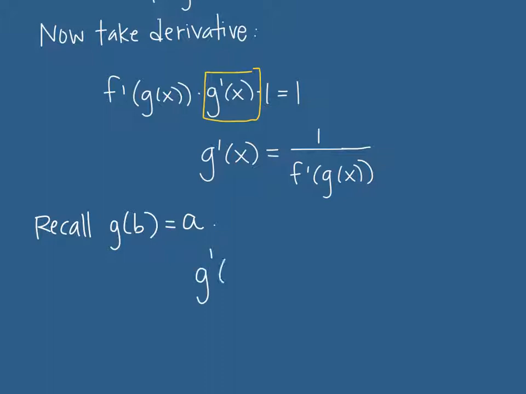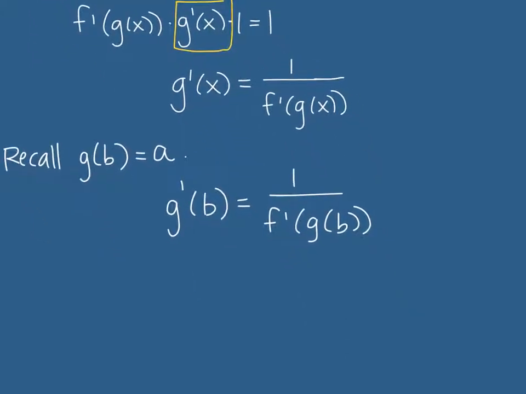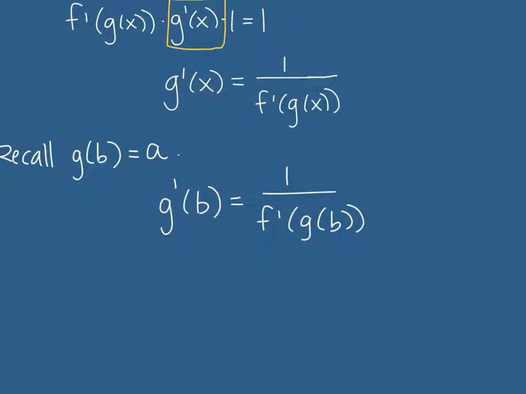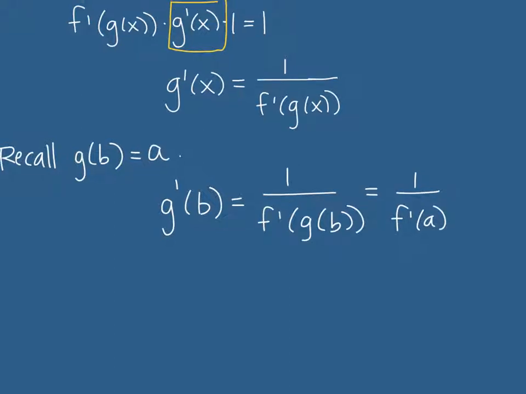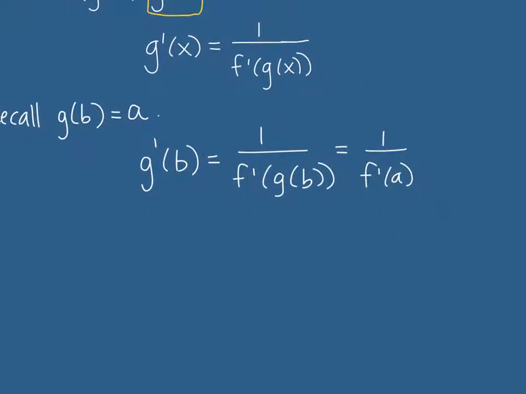So let's try g prime of b. Well, that would be 1 over f prime of g of b. And what did I just get done saying that g of b was? A. So that turns into 1 over f prime of a. So to summarize, g prime of b is 1 over f prime of a.